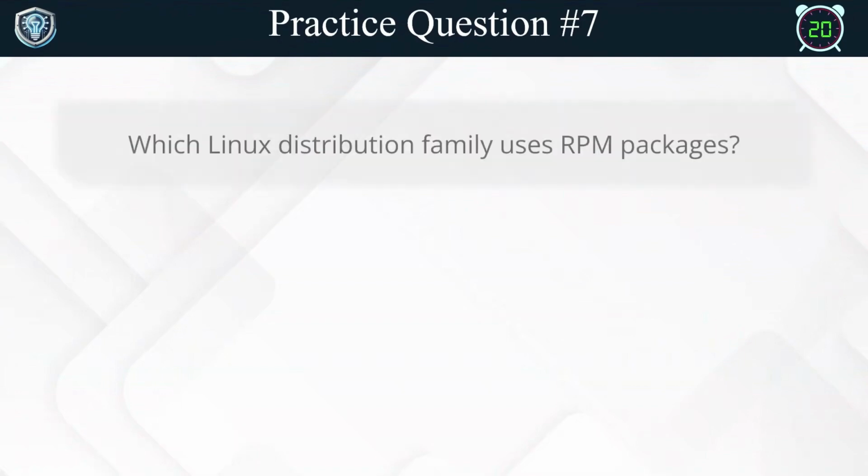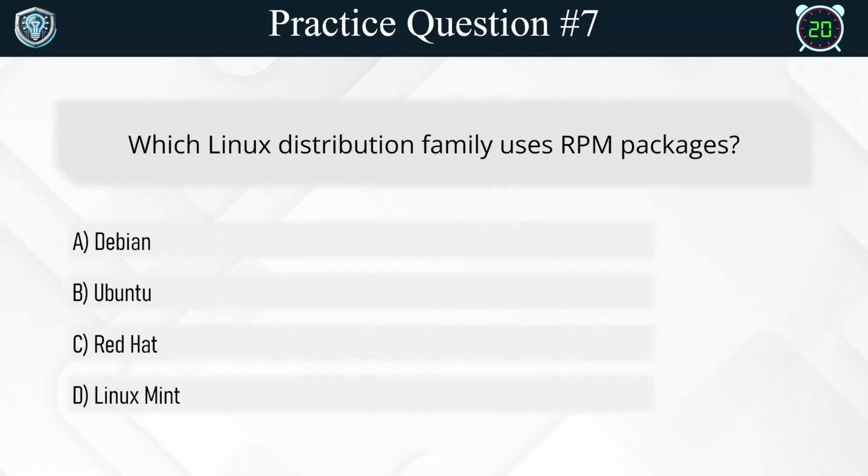The question is, which Linux distribution family uses RPM packages? The options are option A, Debian, option B, Ubuntu, option C, Red Hat, option D, Linux Mint.